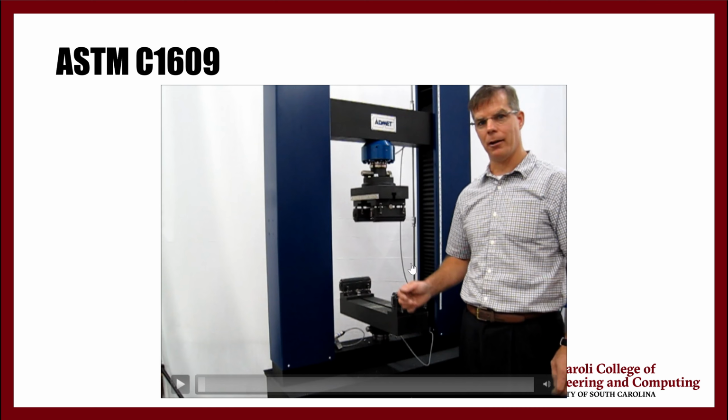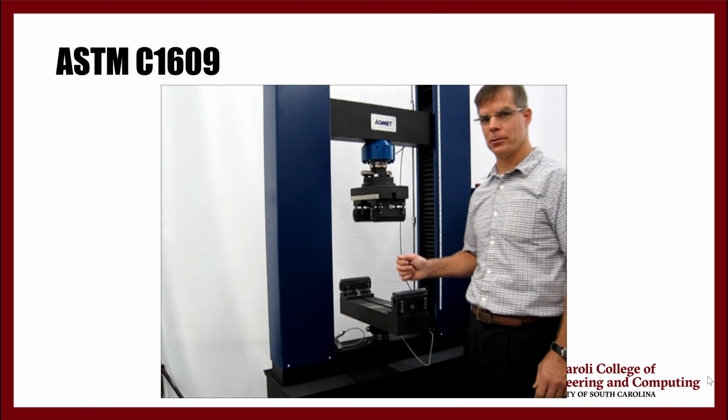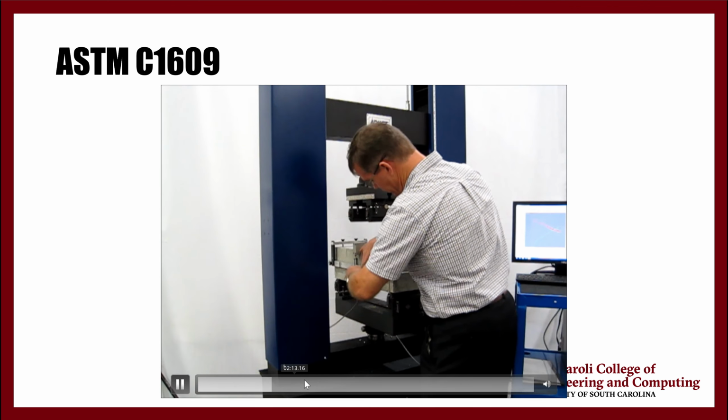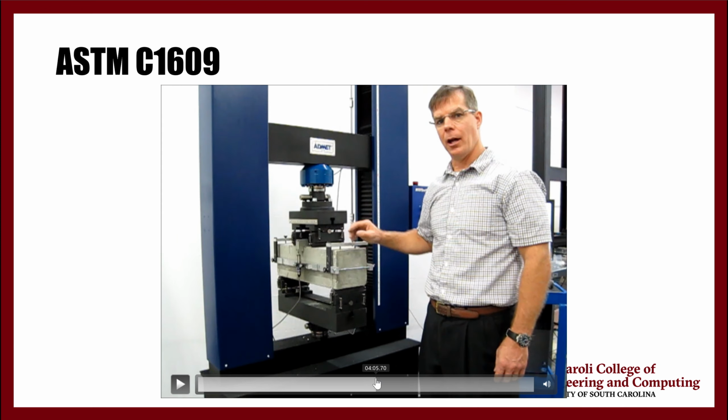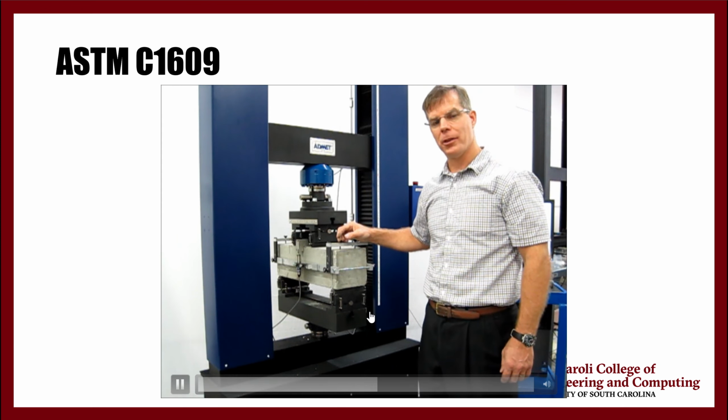So this is a 4-point bending. Actually, you see these two are going to apply the load using this load cell, and these two are going to be our support system. Let's really fast forward a little bit. See, so this is where we are going to apply the load.